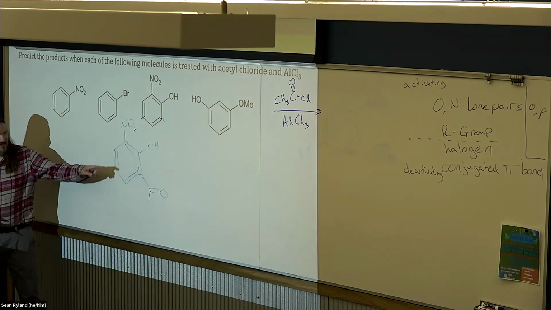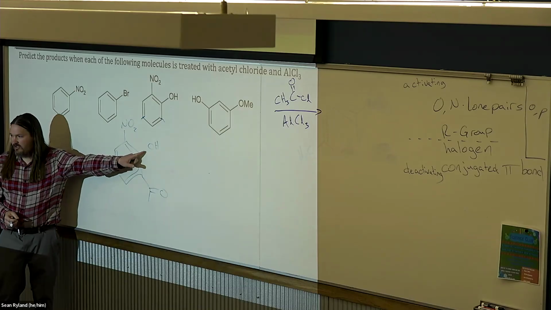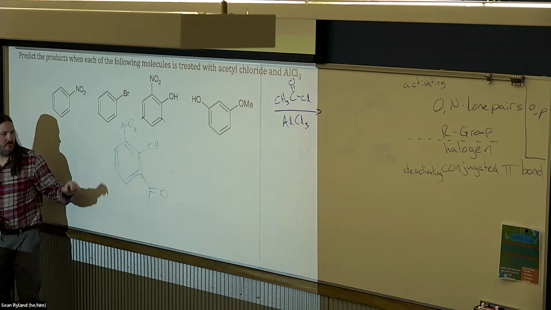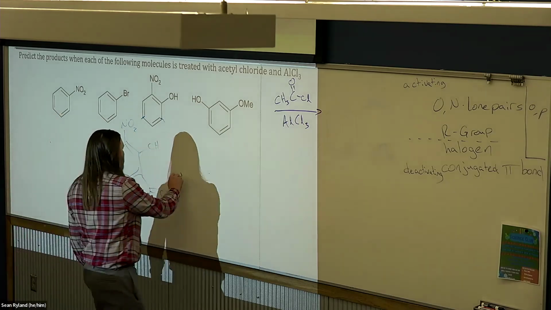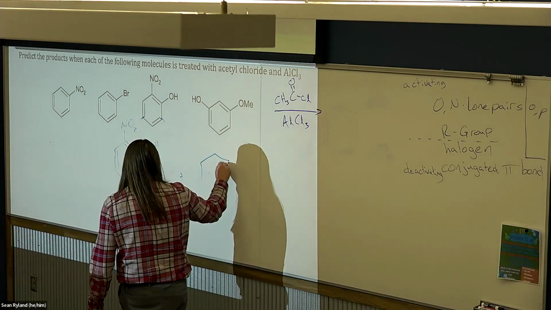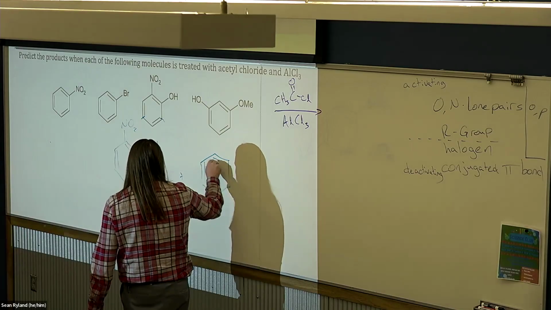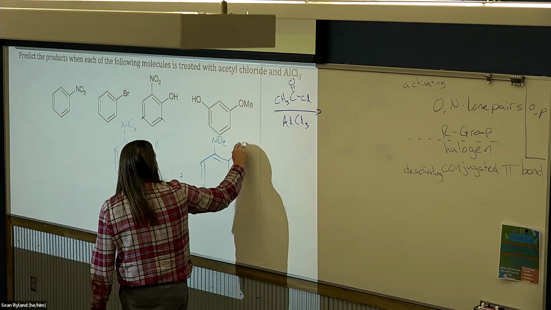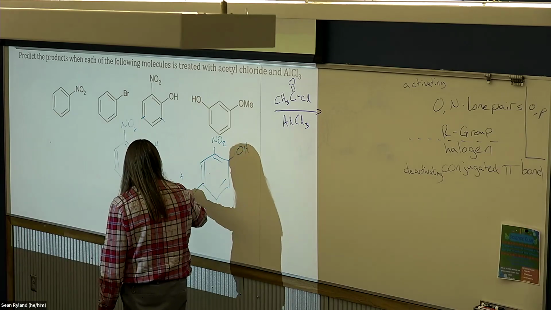So we can put it there because that's ortho to the OH group and meta to the nitro group. We have another position that is meta to the nitro group and is para to the OH.